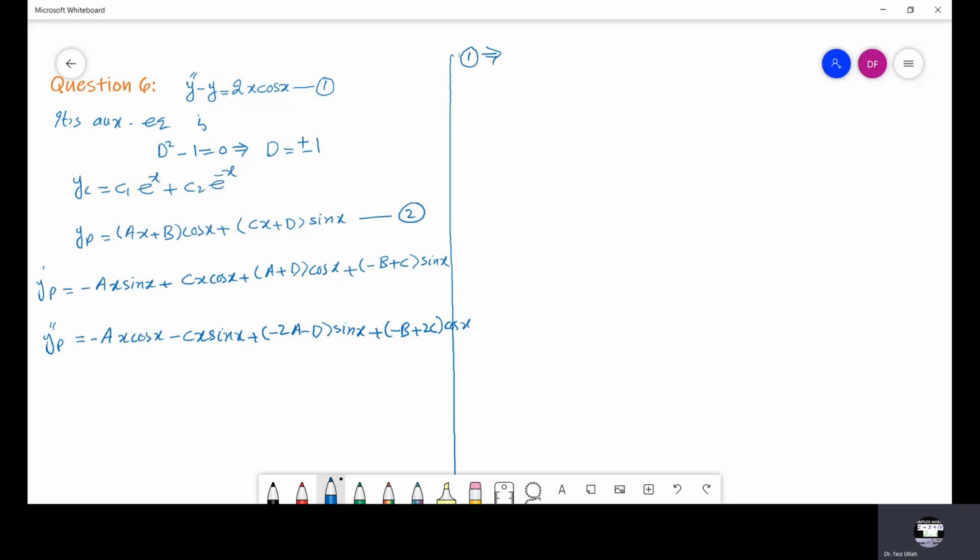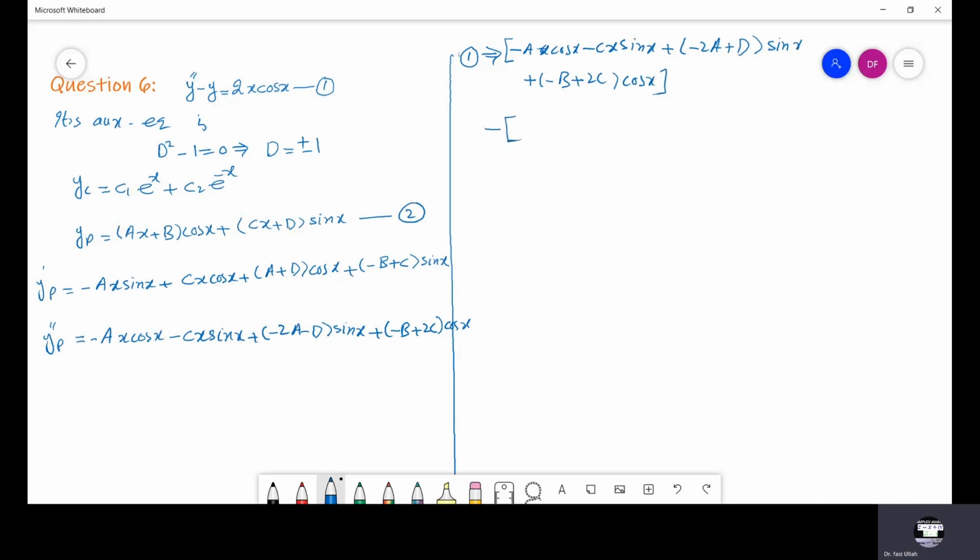So equation number 1 becomes, we put all values, we have minus ax cos x minus cx sin x plus (minus 2a plus d) into sin x plus (minus b plus 2c) into cos x minus y.